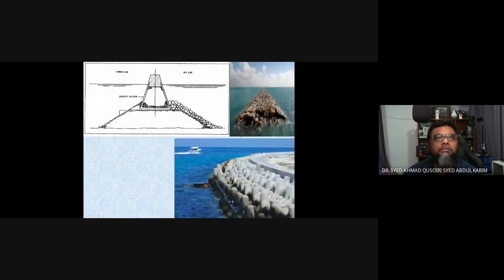Rupa dia macam ni. So it is a concrete frame, concrete caisson frame. Bahagian yang menghadap laut tu dia akan letak rocks, okay, ataupun tetrapod ke whatever lah to protect the base of the caisson from erosion.